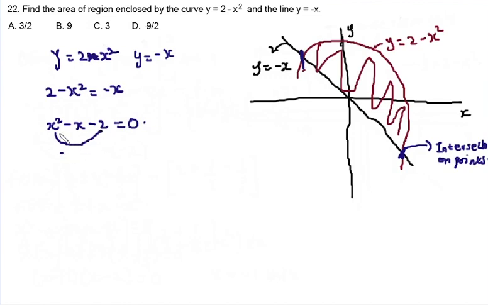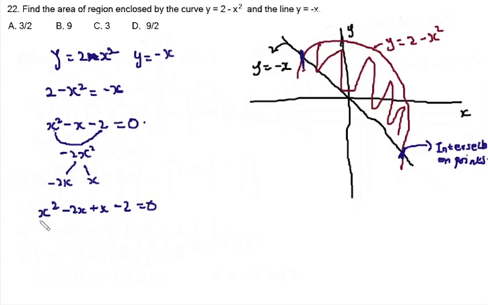The two factors that add up to minus 1 and multiply to minus 2 are minus 2 and 1. So to factorize this, we have x squared minus 2x plus x minus 2 is equal to 0.